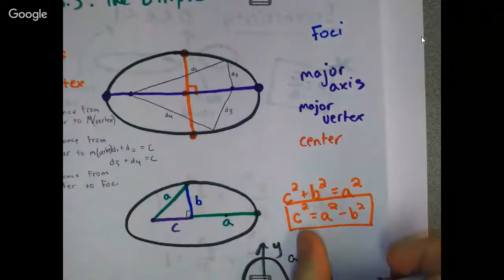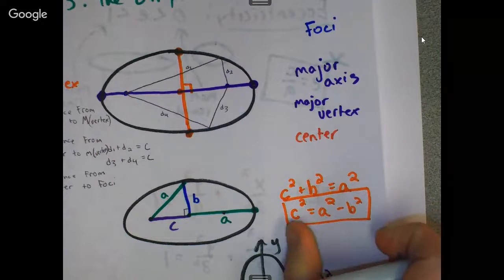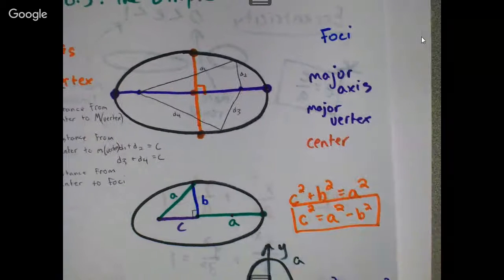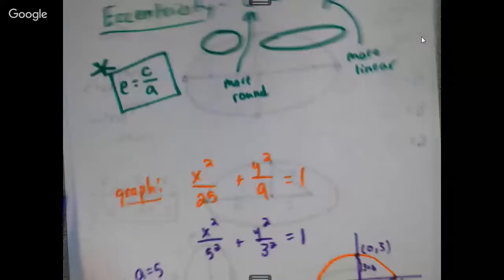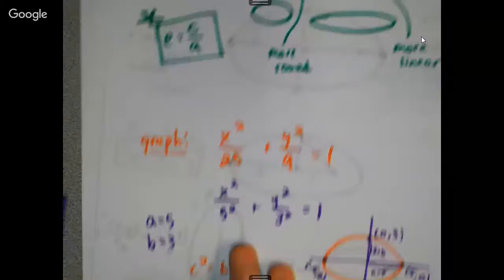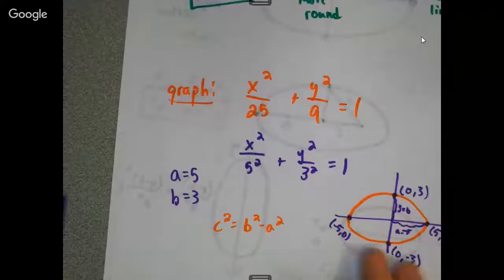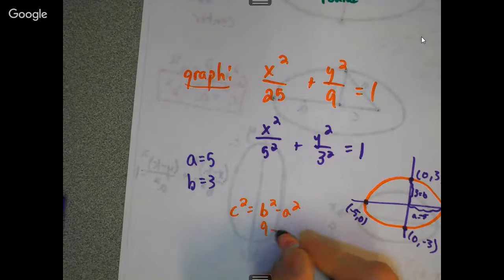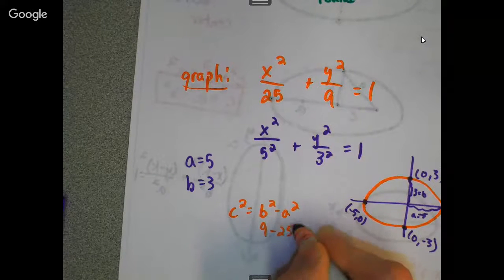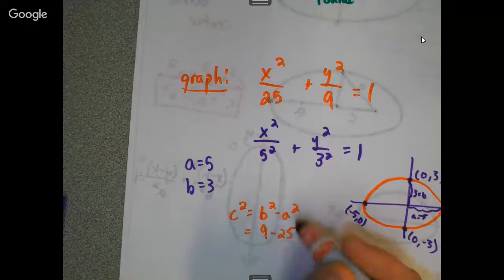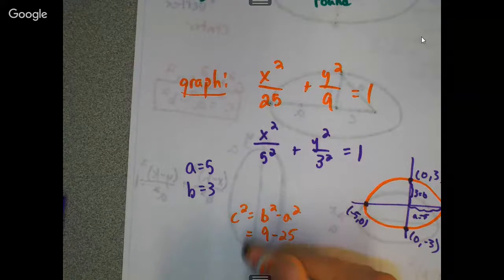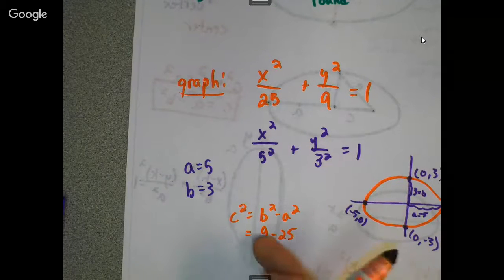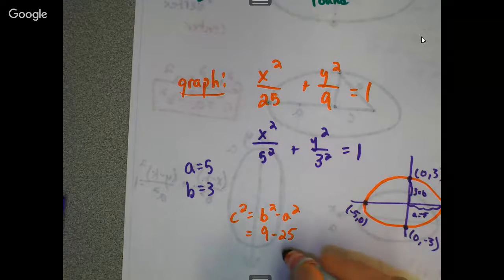C squared is A squared minus B squared. Okay. So then we'll just plug it in. So B squared is 9 minus A squared is 25, and then the square root. And it'll always be the positive number. I must have mixed those numbers around.